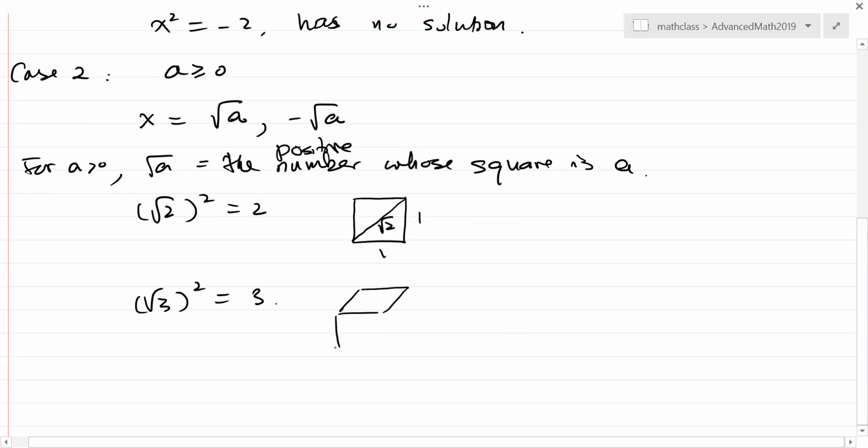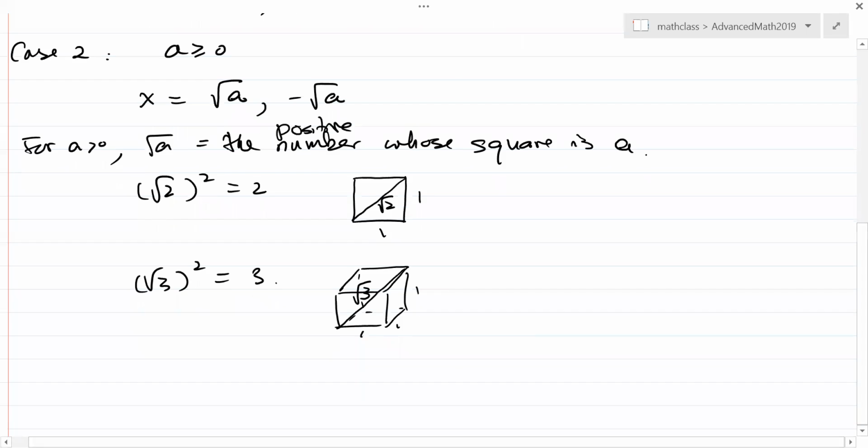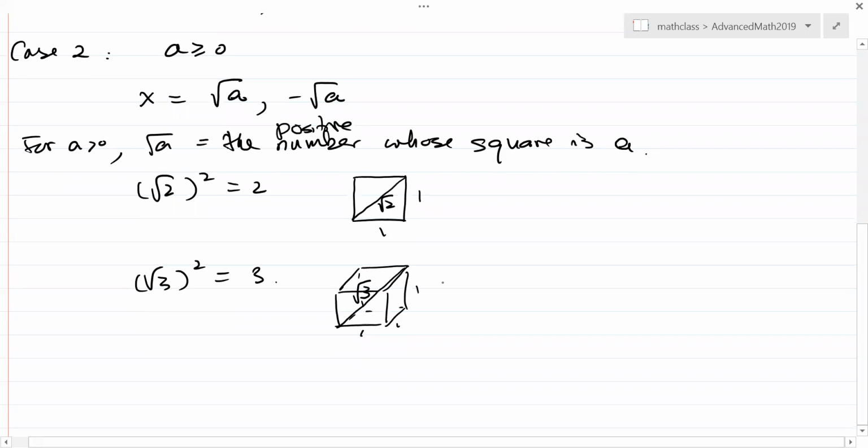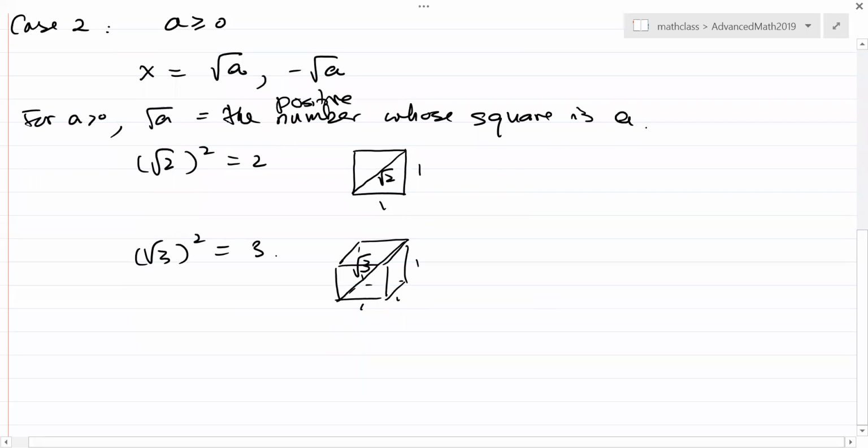You use a unit cube. The length of the diagonal inside the cube is square root 3. The reason is by the Pythagorean theorem, the diagonal squared is 1 squared plus 1 squared plus 1 squared, which is 3.